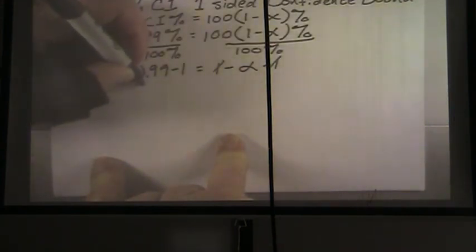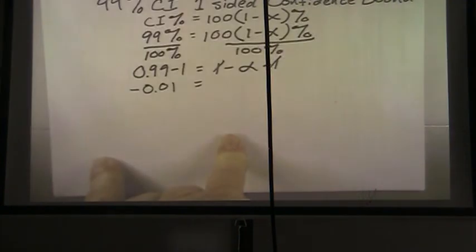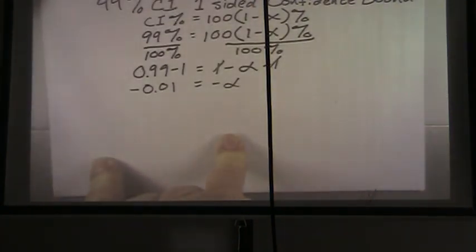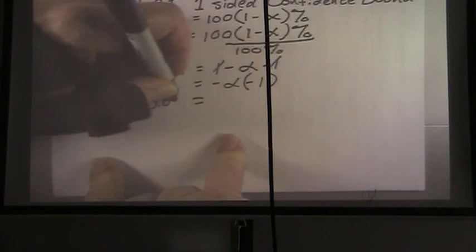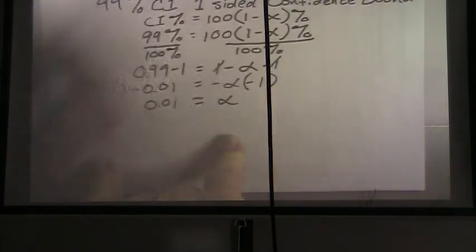I'm going to subtract 1 from both sides. So my 1's drop out. I get a negative 0.01 on my left side and a negative alpha on the right, which I multiply both sides by negative 1, making it 0.01 equals alpha.